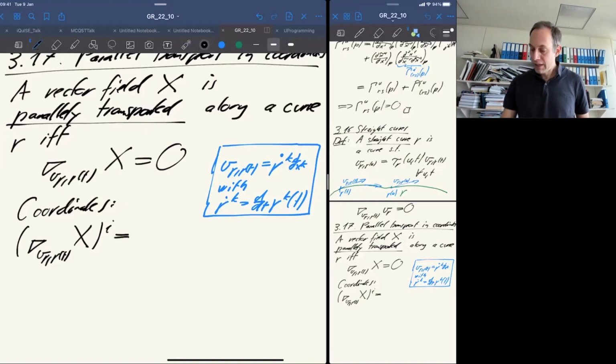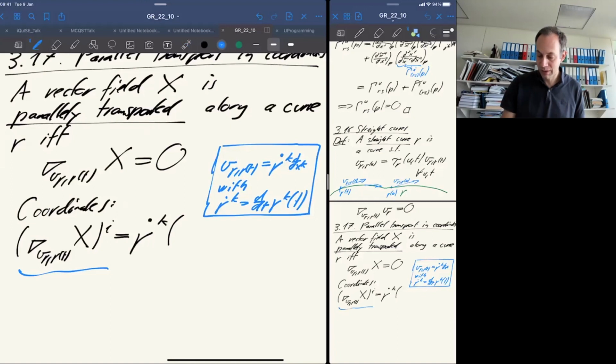Now, I use something else that we already did, something you should really remember, namely how the covariant derivative is expressed. Maybe remember the semicolon notation, which we introduced in this context.